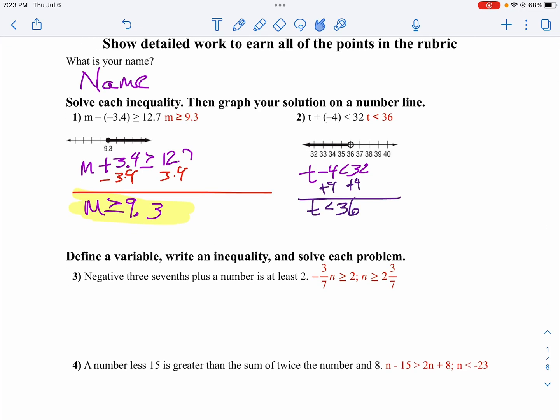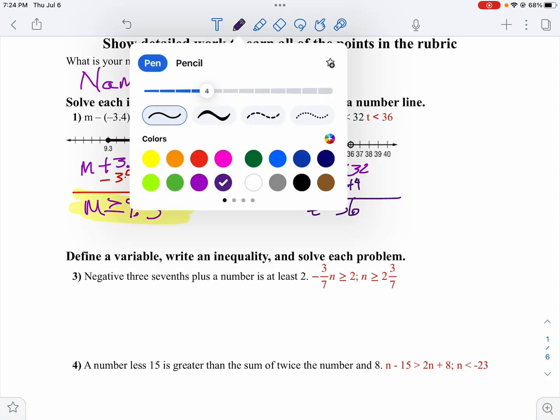On questions 3 and 4, notice the directions. I want you to define a variable. I want you to write the inequality, and I want you to solve it. In number 3, it says negative 3/7 plus a number is at least 2. Well, what I'll do here is I'll let n be my number.